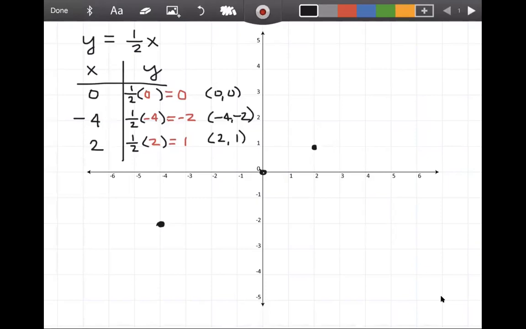All right. Now, I have to warn you, I am much better at drawing straight lines on a piece of paper or on a whiteboard than I am on a tablet. I'm going to try something here. Bear with me. Okay.